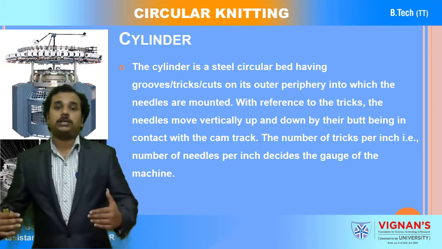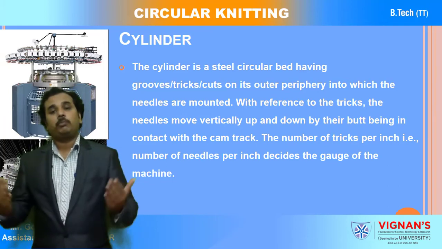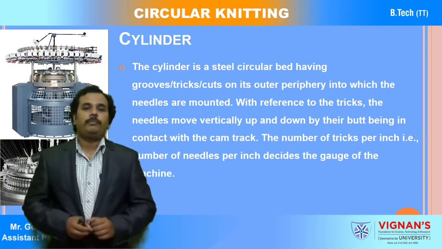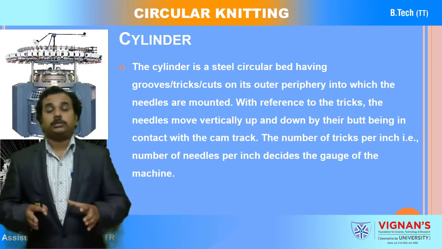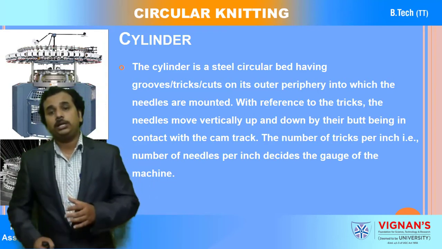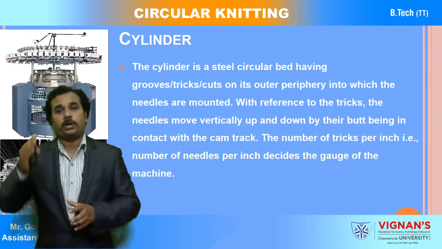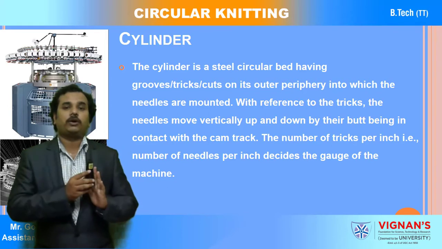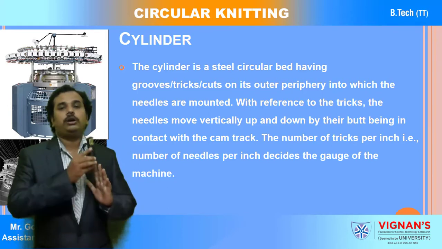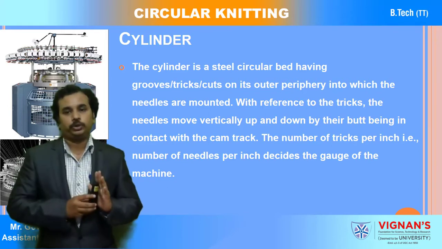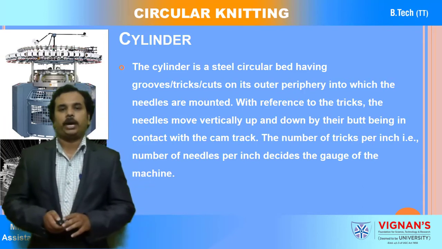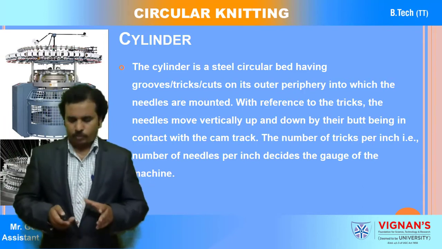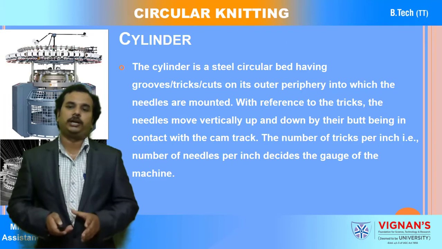In the trikes or cuts we can mount the needles. So these are the trikes. The trikes are vertically slitted, so that when the needle engages in the trike of the cylinder, it can operate by up and down motion. So that is the major part, one of the major elements, the cylinder.